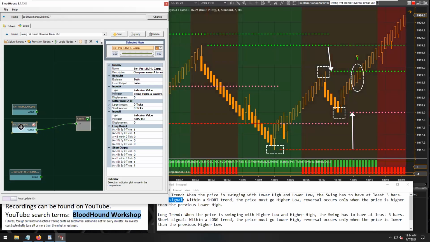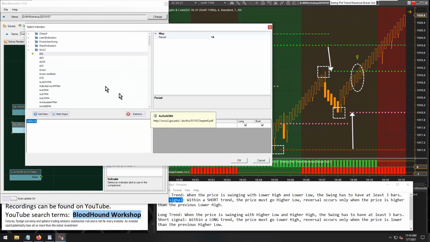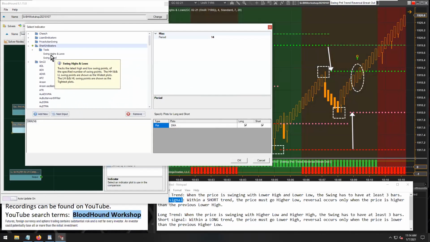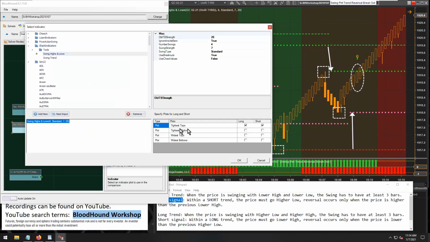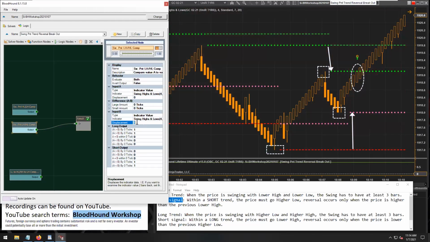Let's connect that in as well. All right, now input B. Let's also plug in the swing highs and lows indicator, and again, reverse the plots like that. Click OK. And remember, we need our displacement in here so that input B is looking 1 bar back, right?